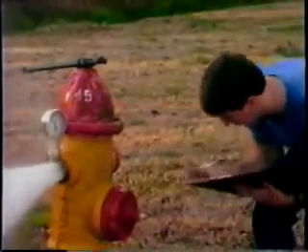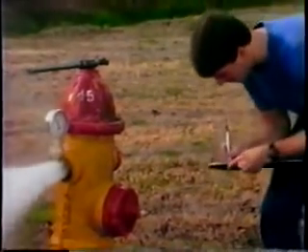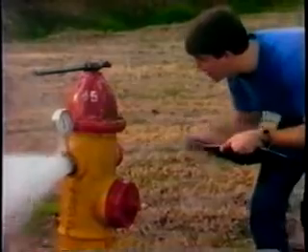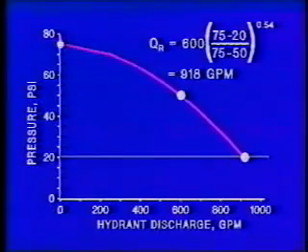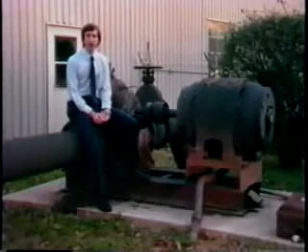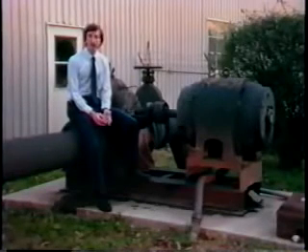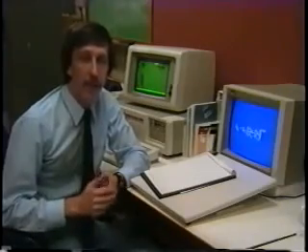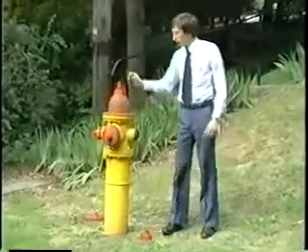We learned about selecting the right pressure gauges for the test and how to read the hydrant discharge. We learned how to use a formula to calculate the discharge of any residual pressure, and we discussed the effect of pumps on the test. Finally, we talked about using the hydrant test data in computer modeling.